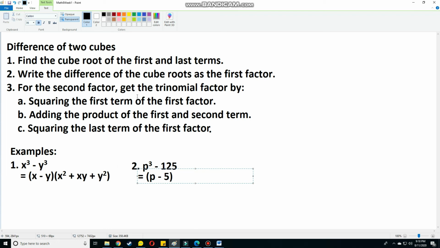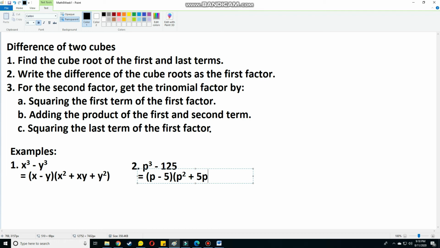Now for the second factor, get the trinomial factor by squaring the first term of the first factor. The first term is p raised to the second power, that would be p squared. Then, the next step, adding the product of the first term and the second term. So p times 5, that's 5p, so plus 5p.